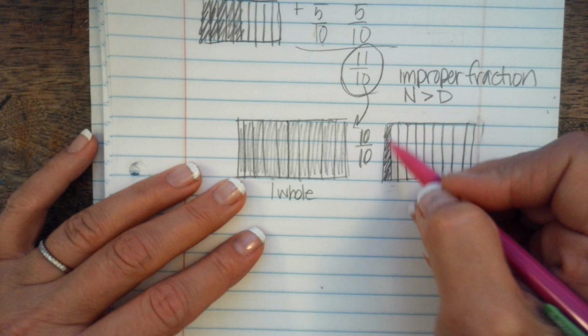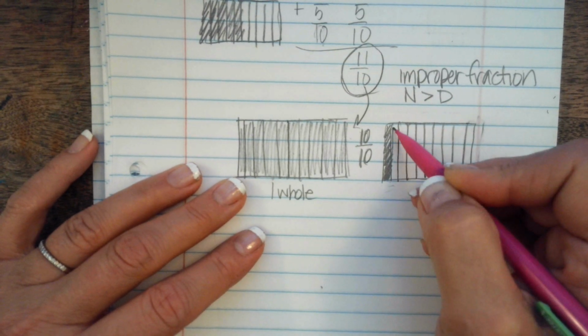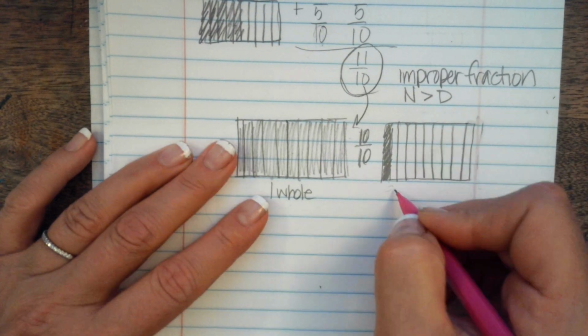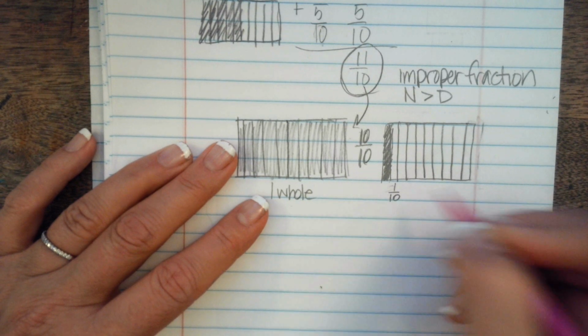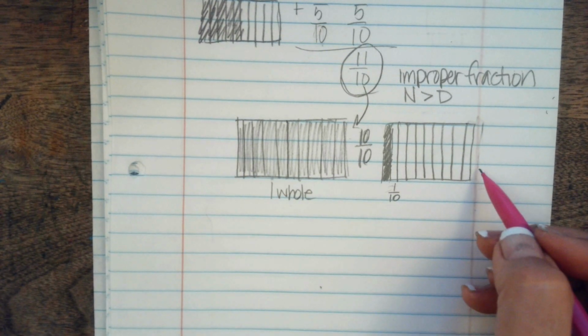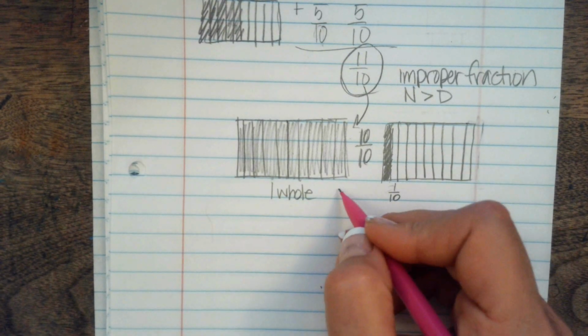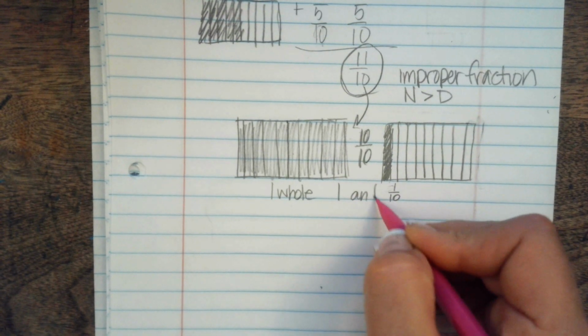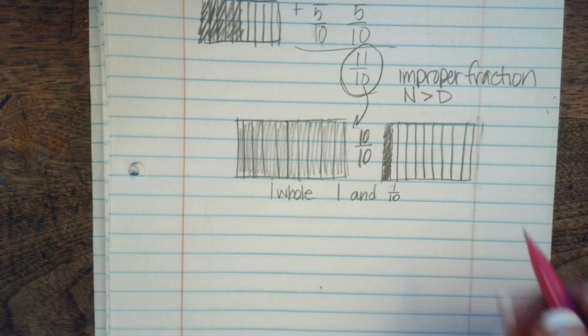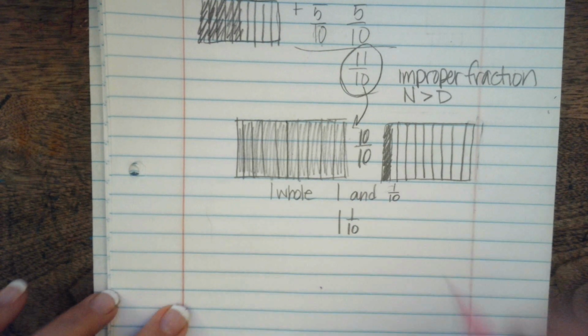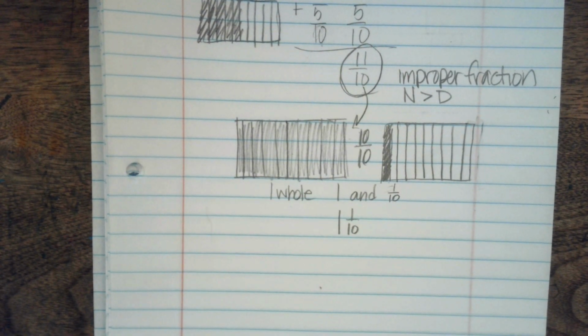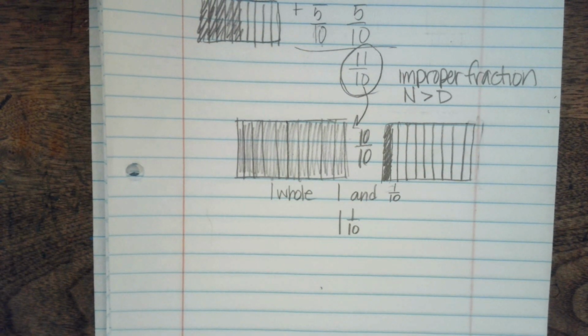Plus, you had to start a whole nother box. So we have one whole, and then we have 1/10 of another box filled in. So that's called 1 and 1/10. And we write it just like this. Pretty cool, huh? Not too cool?